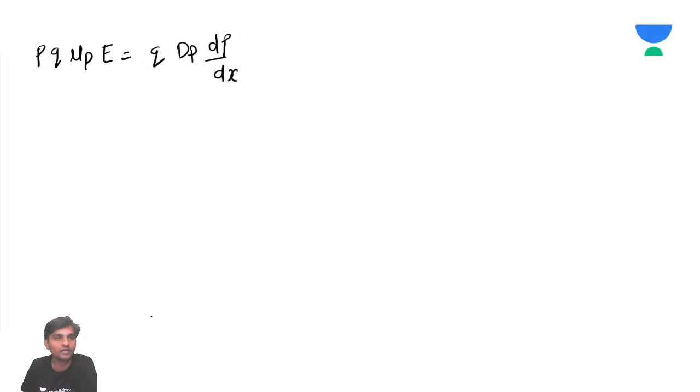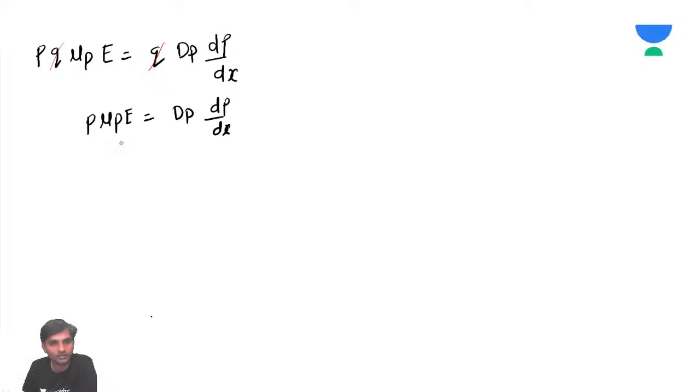Acha, this q and q will get cancelled. So what will be remaining, sir? p mu_p E is equal to D_p dp/dx.